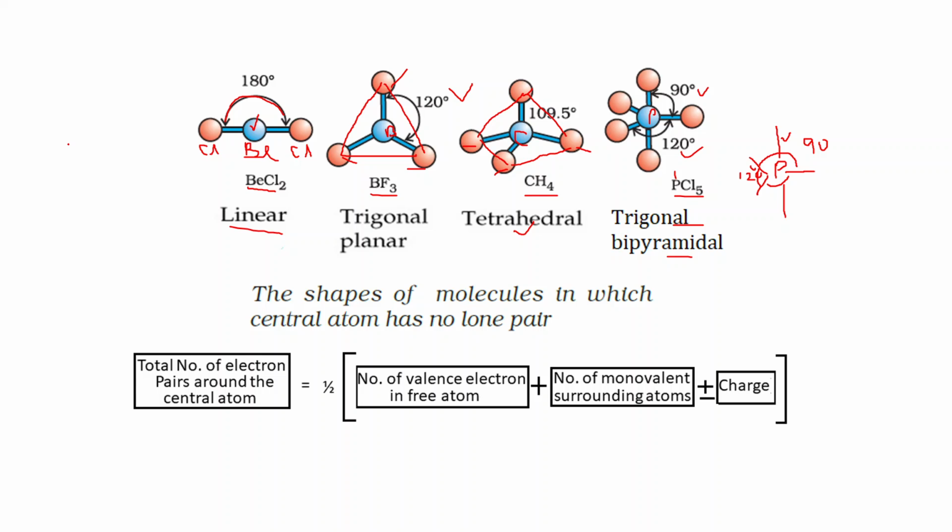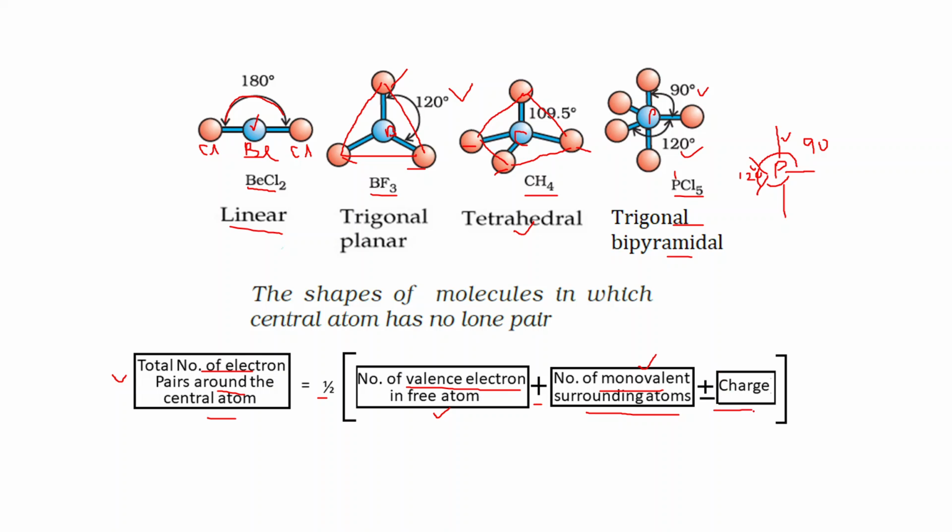Now, dear student, one question arises: how can we find out the total number of electron pairs surrounding the central atom? There is one formula, and this formula is applicable for most of the species at your standard, not for all, but for most. The total number of electron pairs around the central atom in a species, neutral or charged, is half of the number of valence electrons in the free atom plus the number of monovalent surrounding atoms, plus or minus the charge.